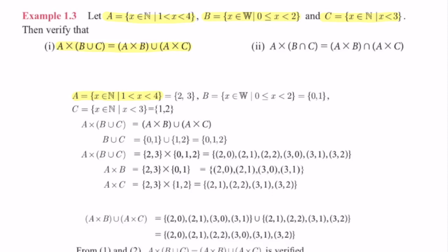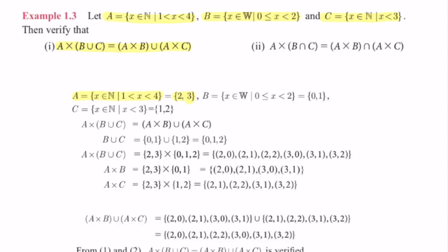So 1 cannot be an element of A. So the next element 2 becomes an element of A. Now x is less than 4. So we have to find the element which is before 4. So that is 3. So 2 and 3 are the elements of A.